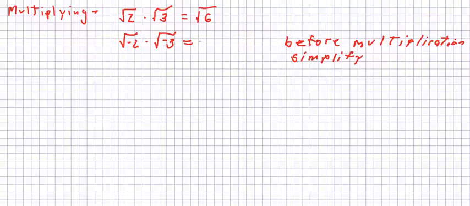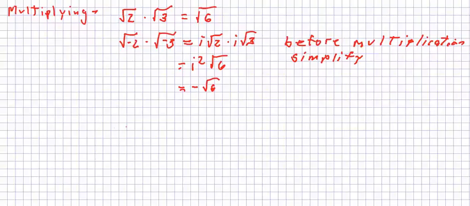So this equals i square root of 2 from yesterday times i square root of 3, which is i squared square root of 6. i squared, remember, is negative 1, so we have negative square root of 6. Had we multiplied the negative 2 times the negative 3, we would have gotten the square root of 6, but we would have not gotten this negative.